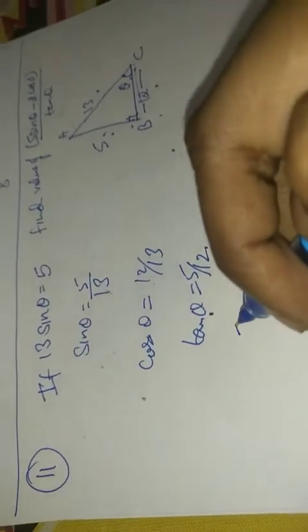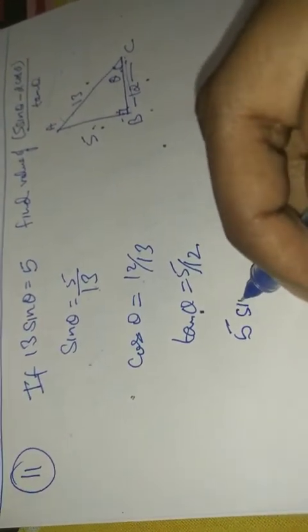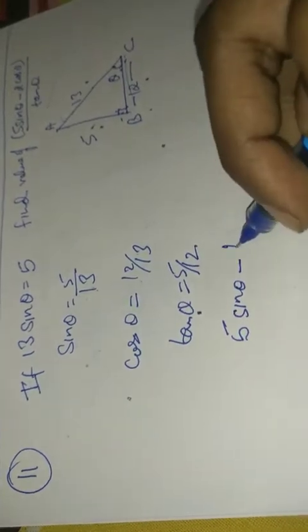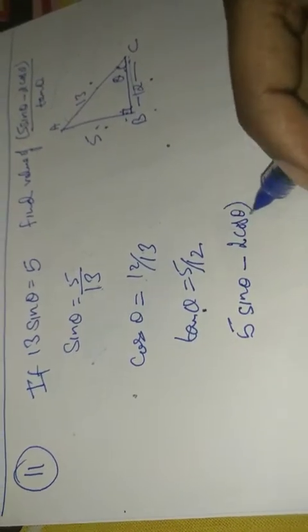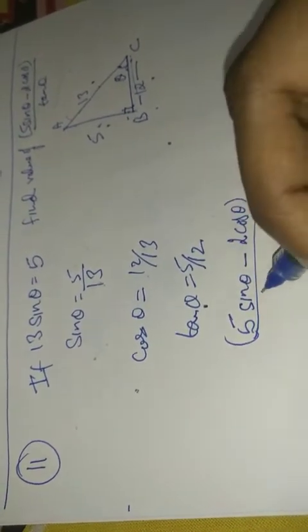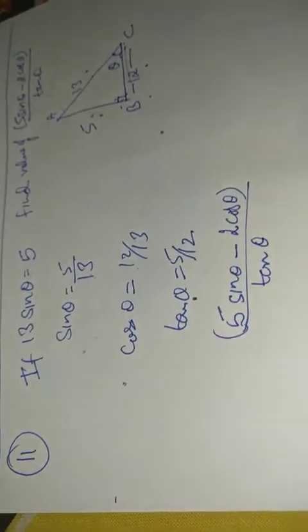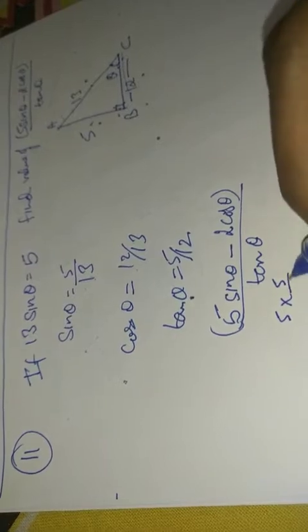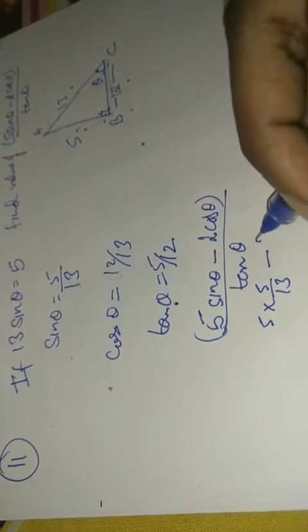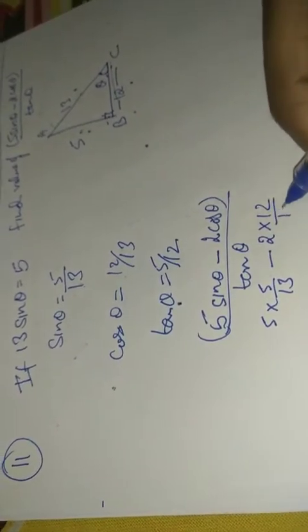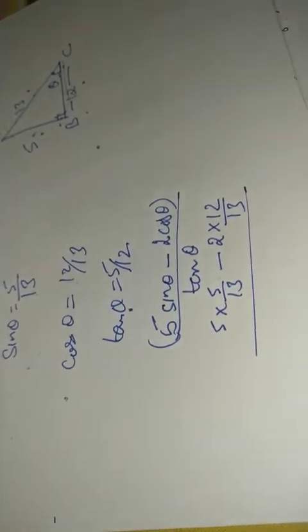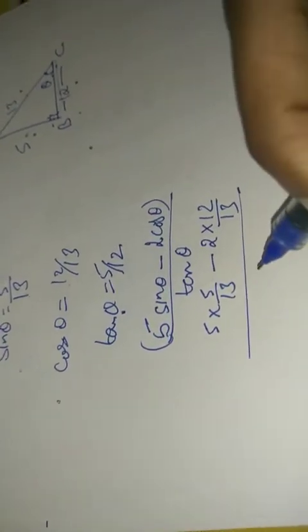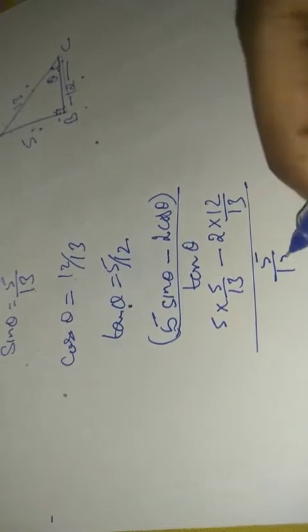Now what do we have to calculate the value for? We have to calculate the value for (5 sin theta minus 2 cos theta) upon tan theta. Let's substitute the values. 5 into 5 upon 13 minus 2 into 12 upon 13, whole upon tan theta, that is 5 by 12.